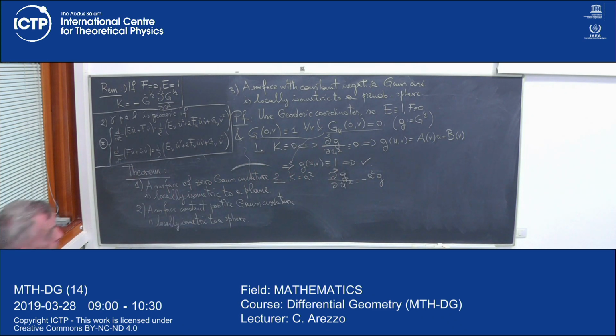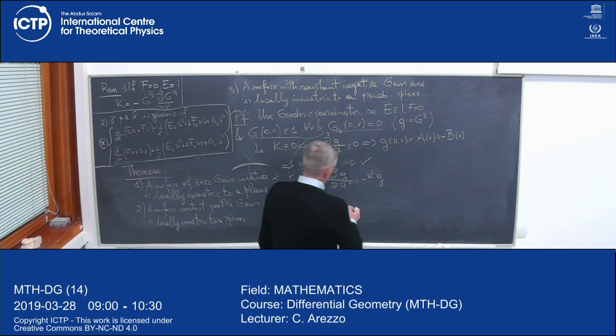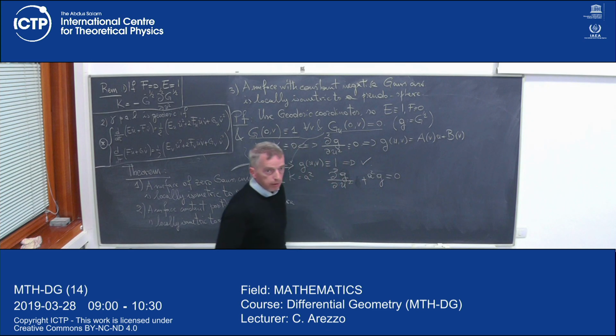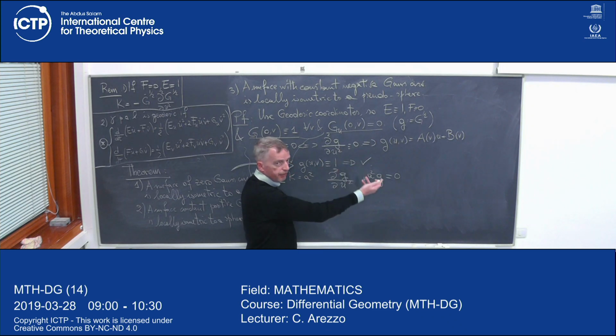Actually, I prefer to always write it like this. I can see this is the pendulum one, the harmonic equation. So the fundamental solutions in u will be a linear combination of cos and sine with coefficients functions of v.